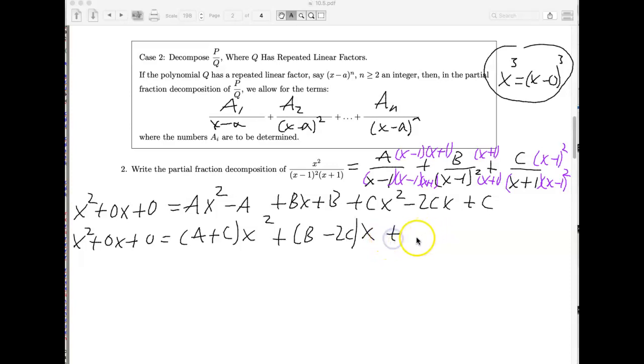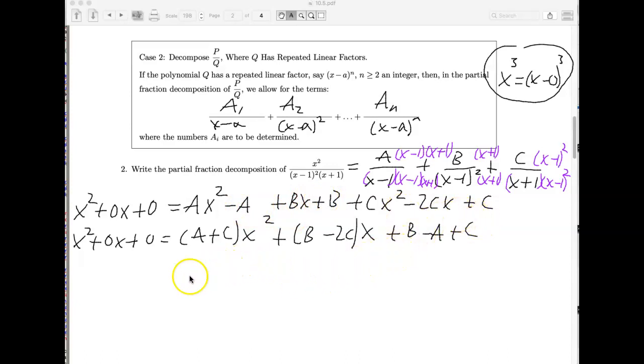Lastly, it looks like we're going to have, let's just write this as negative a plus b plus c. These are the constants.